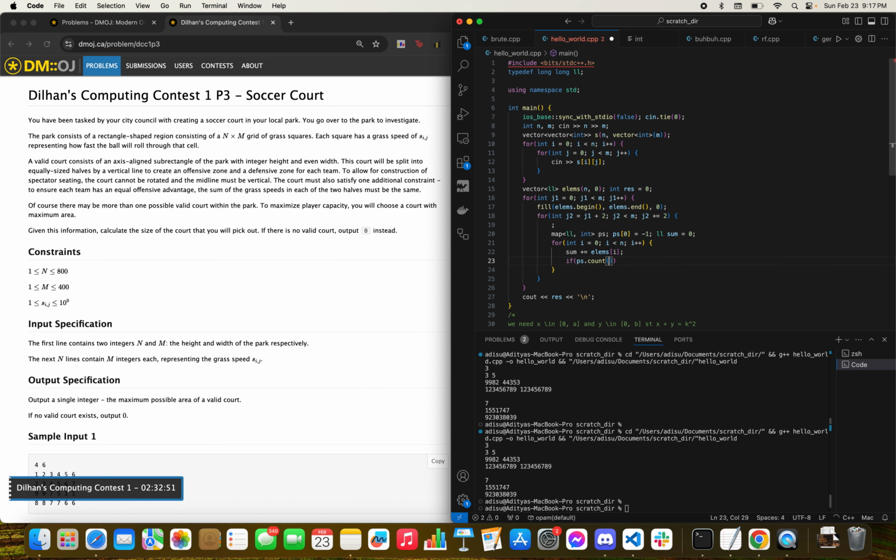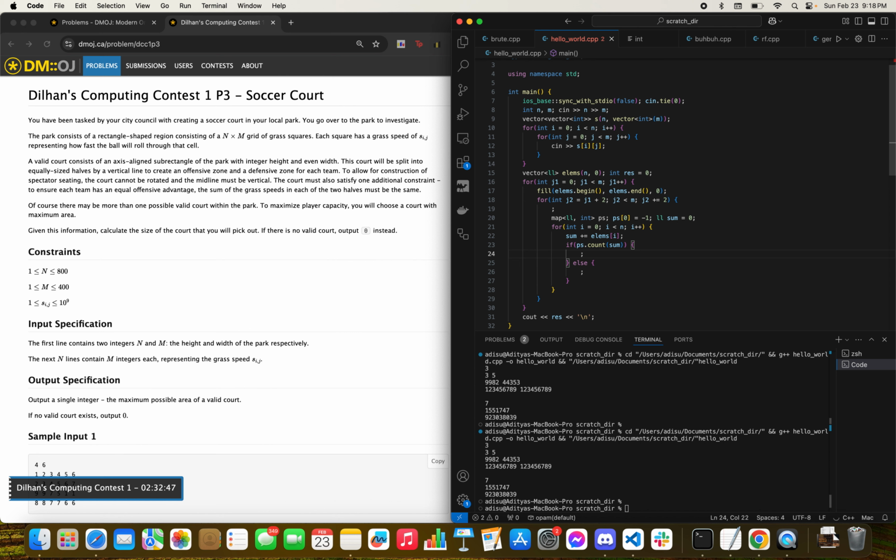If ps.count sum, then res equals max res, j2 minus j1 plus 1 times the horizontal range, so i minus ps sum.